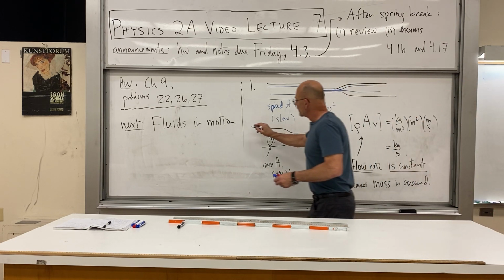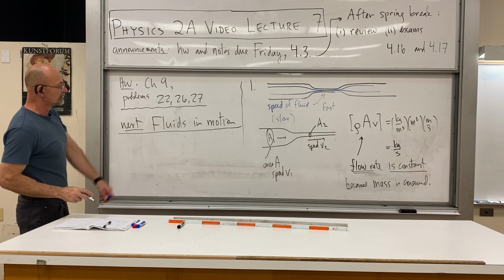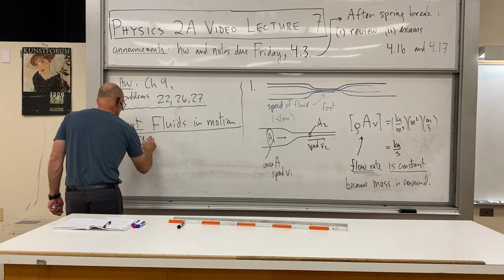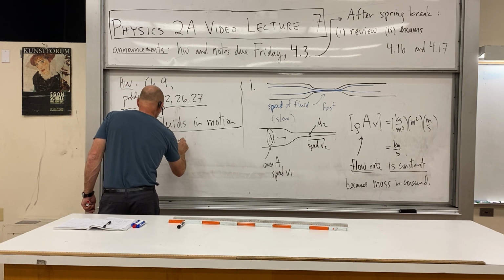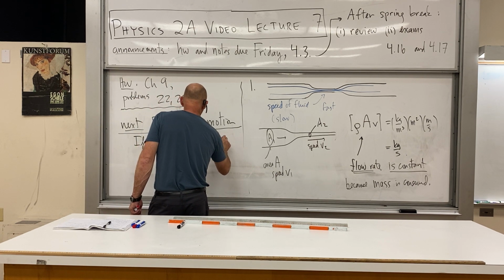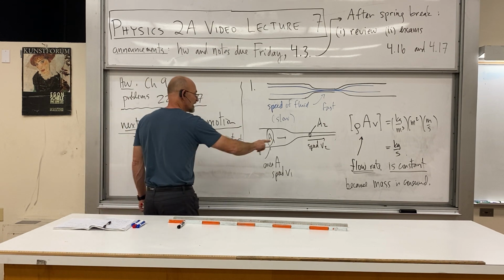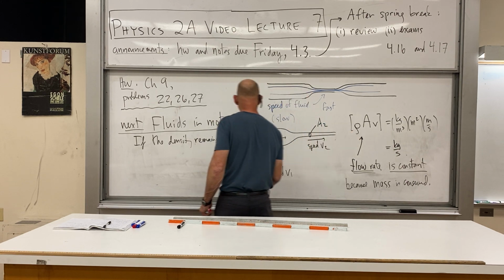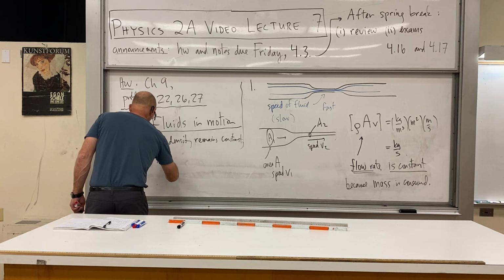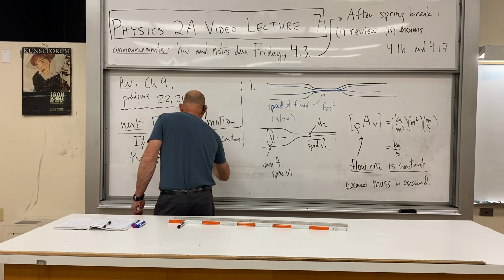Okay, I'm going to use this part of the board to draw my conclusion. This goes under what I'm talking about here. If the density remains constant, in other words, if this letter rho is constant here, then we end up with A1V1 equal to A2V2.